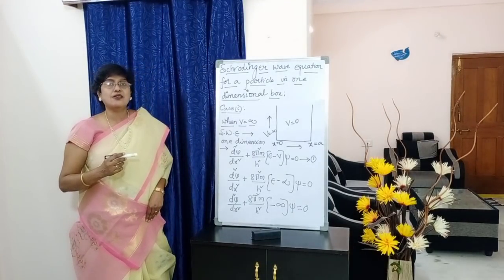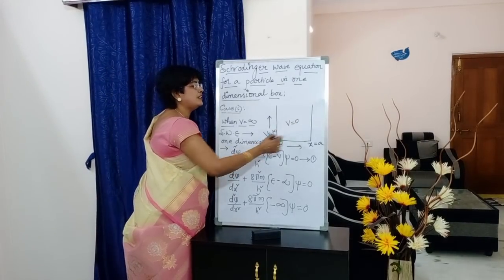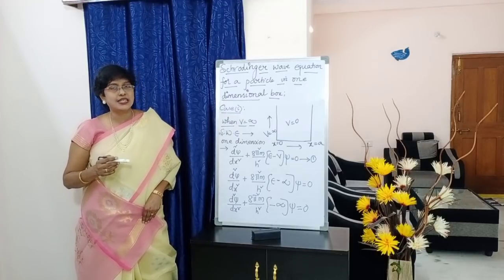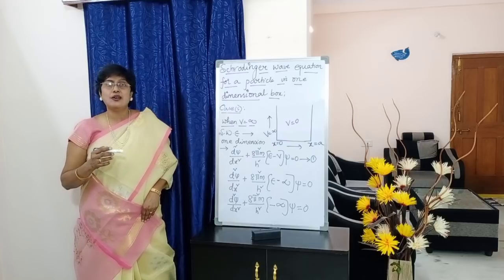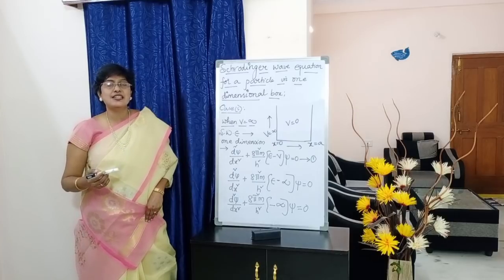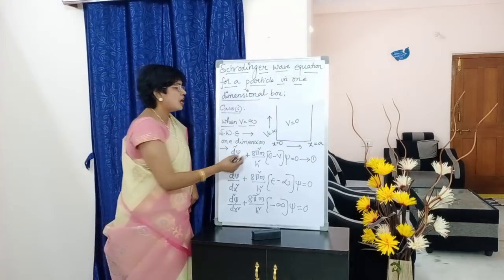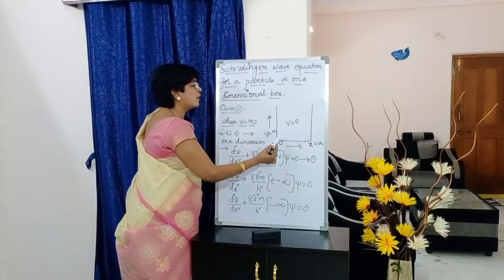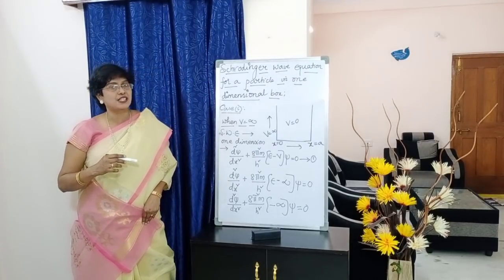And let us assume the potential energy of the electron inside the box to be 0. Write it down, V equals 0. And the free electron's potential energy outside the box and on the walls, let us assume it to be infinity.